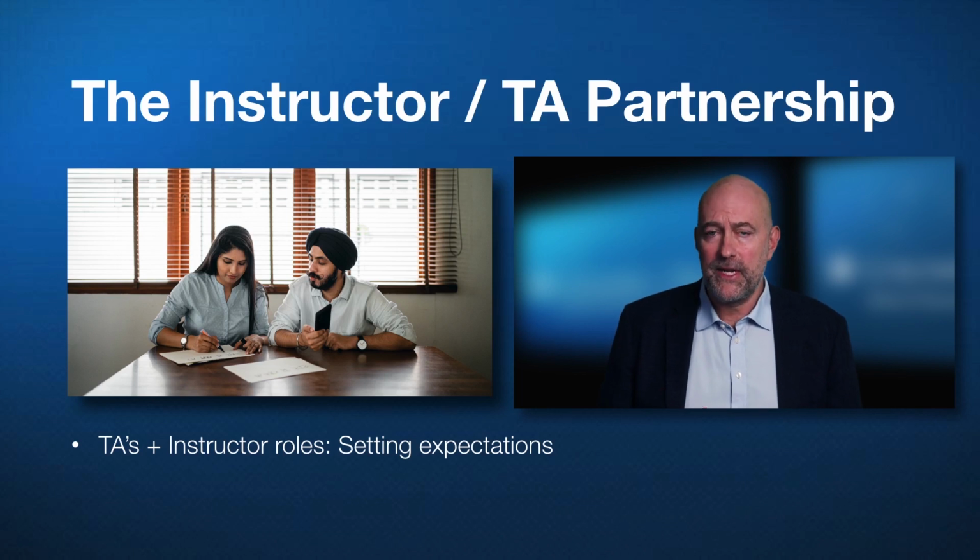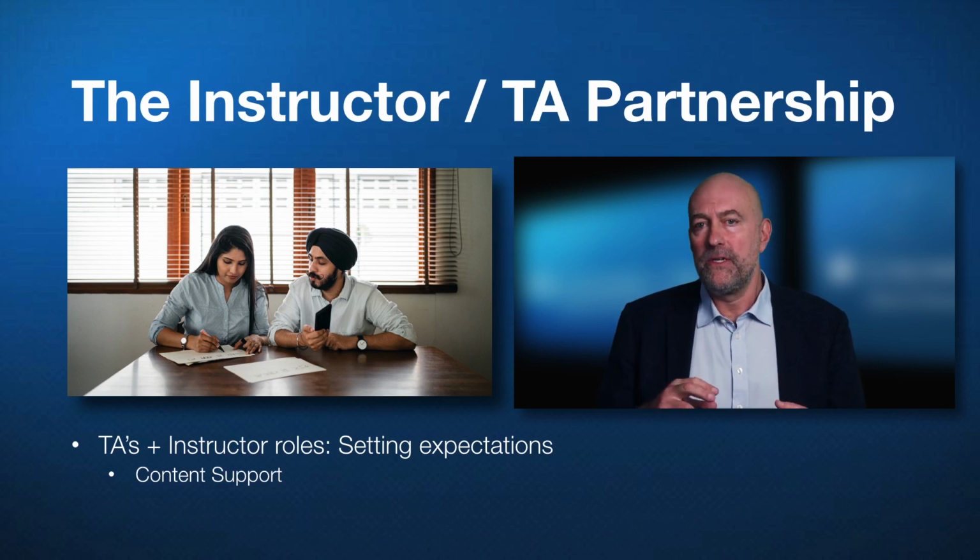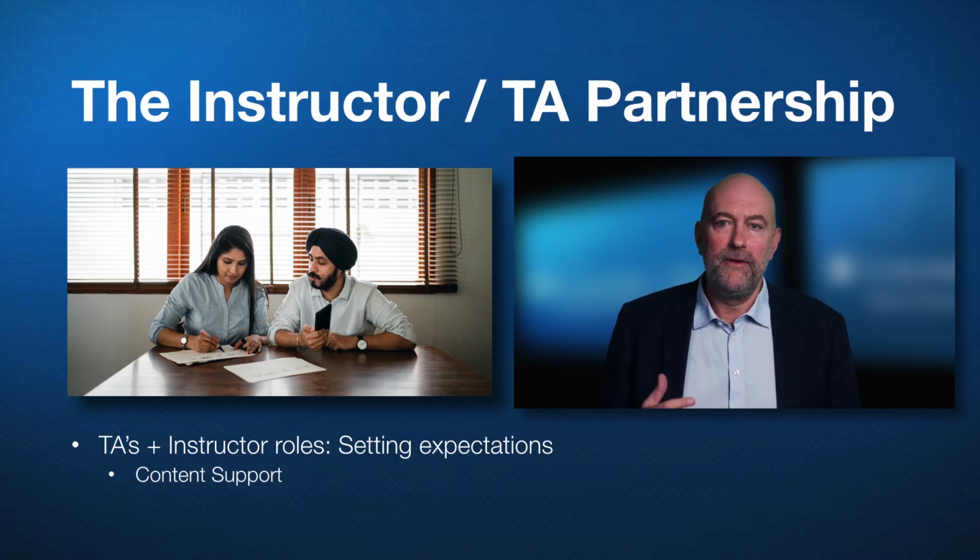A good starting point for setting expectations is to think about two categories of possible support: content support and technical support. A TA providing content support may be answering content-related questions, helping to run learning activities, or monitoring student work and providing information about the learning back to the instructor.